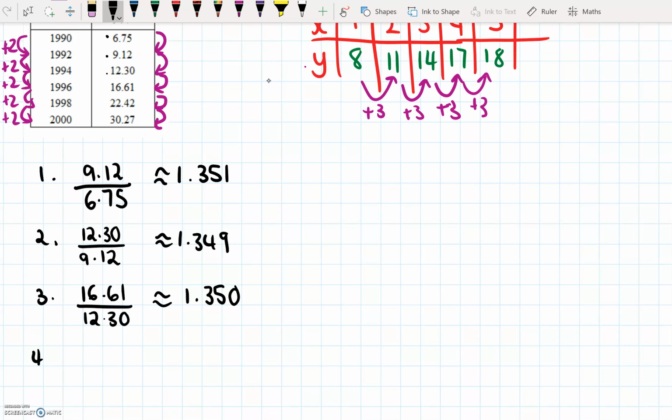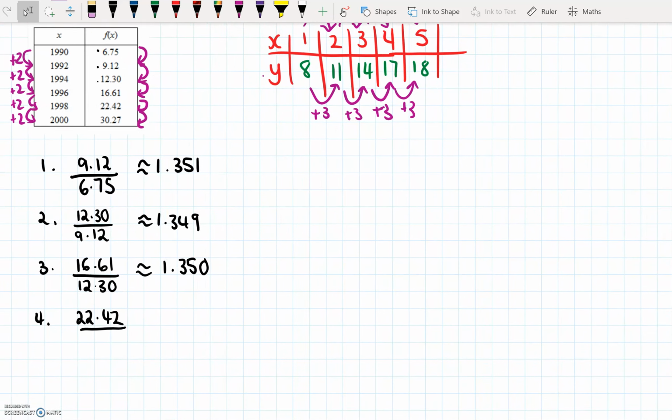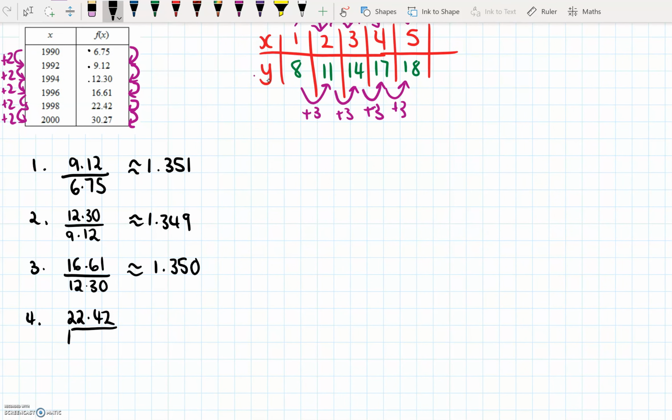Our fourth one is going to be 22.42 divided by 16.61, and that gives us approximately 1.350 with rounding.